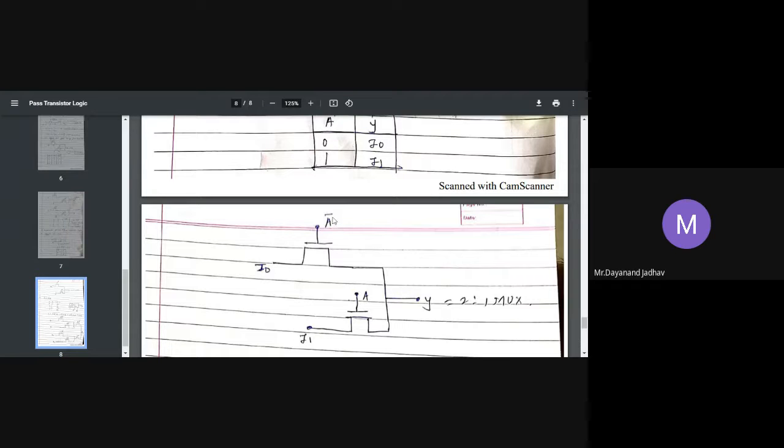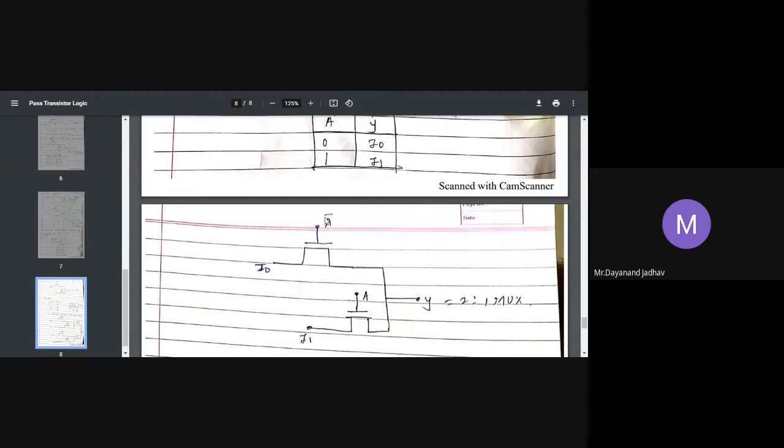When a bar means 0 is the control signal, when a means 1 it is the control signal. I0 and I1 are given, then y is equal to the output of the 2 to 1 mux. Then how to implement it? See here, I0, suppose this is the input.